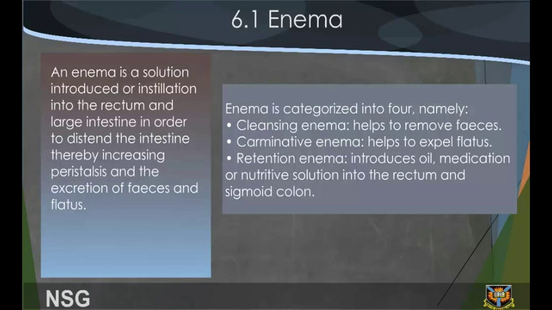Enema is categorized into 4, namely: cleansing enema helps to remove feces; carminative enema helps to expel flatulence; retention enema introduces oil, medication or nutritive solution into the rectum and sigmoid colon.